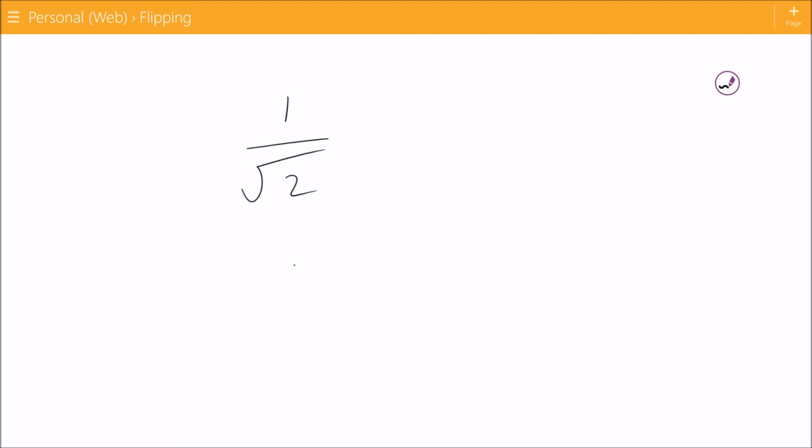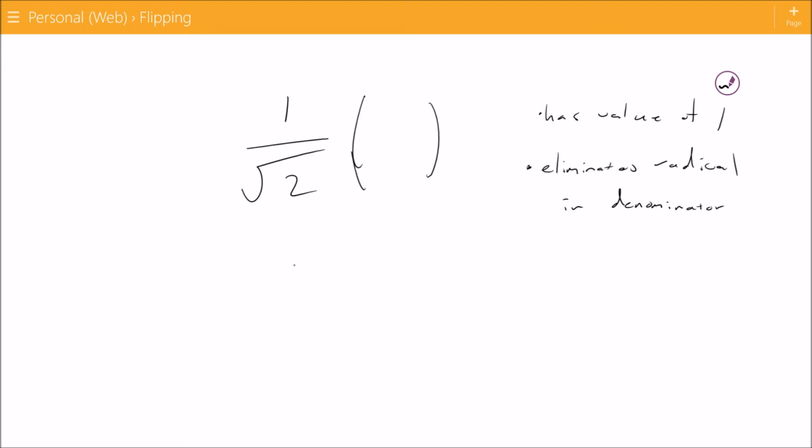So I need to find something to multiply that has the value of 1 and eliminates the radical in the denominator. And a solution to that can be in the form of whatever your radical is, really times itself, over itself.